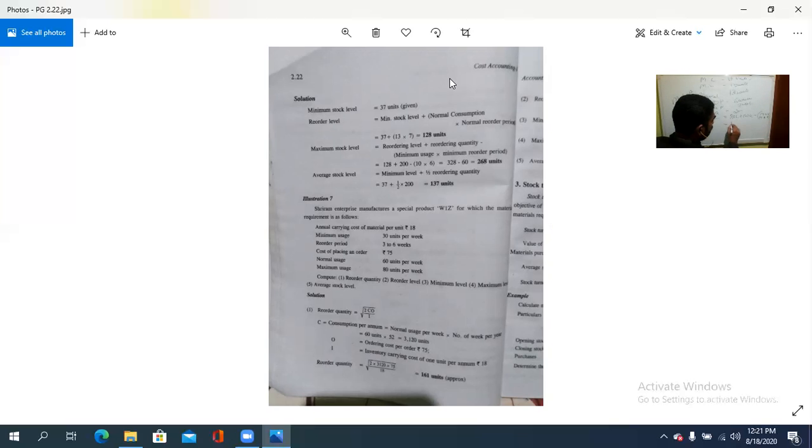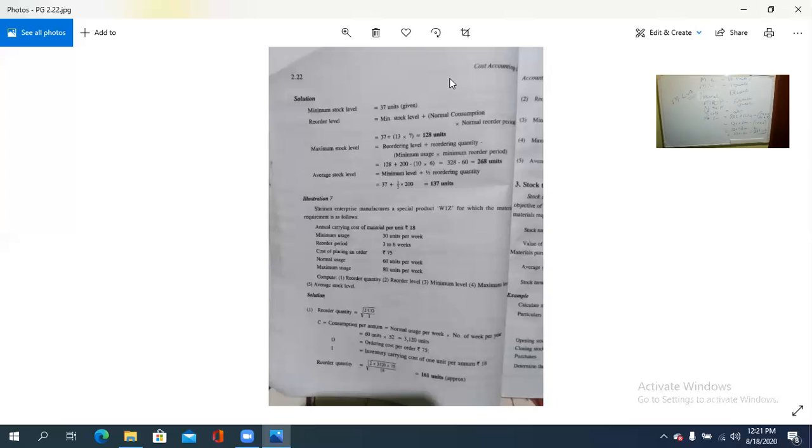So ROL 128 plus ROQ 200 minus minimum consumption 10 units into minimum reorder period of 6 weeks. So 128 plus 200 minus 60. It is 328 minus 60, which is 268 units.